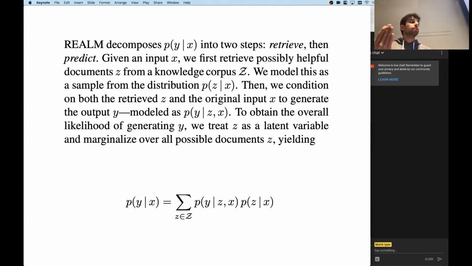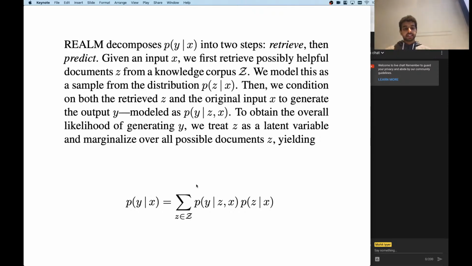In order to predict p of y given x, the REALM system decomposes this into 2 different steps. First we retrieve document z, and then we predict y given both z and x.